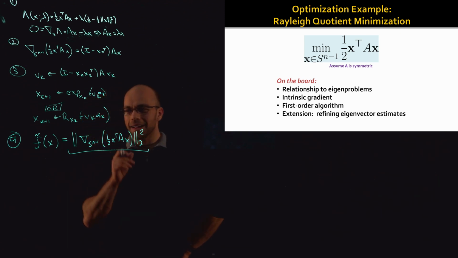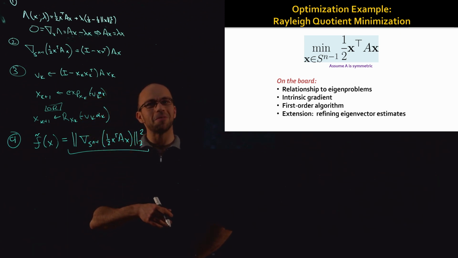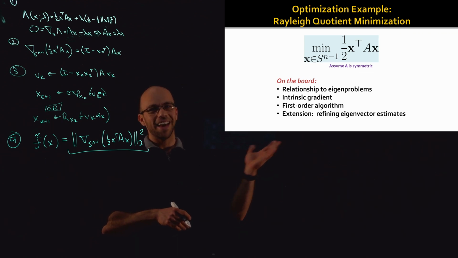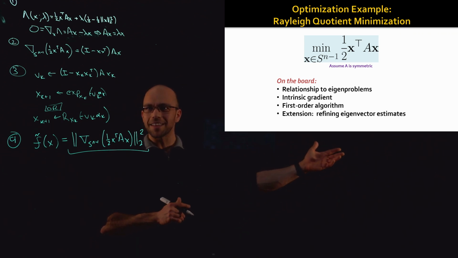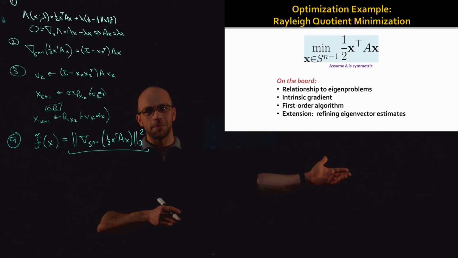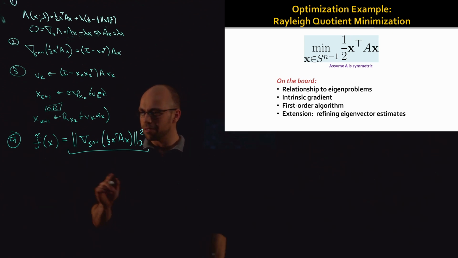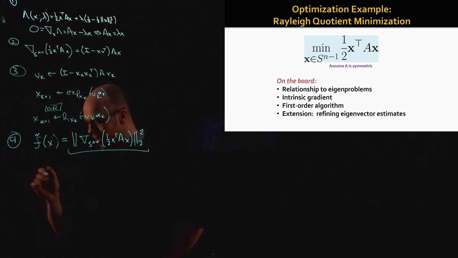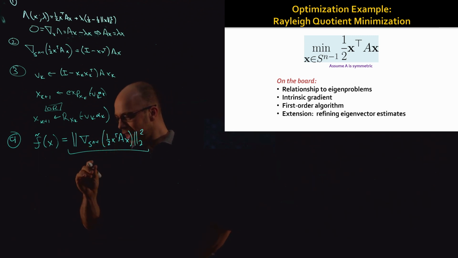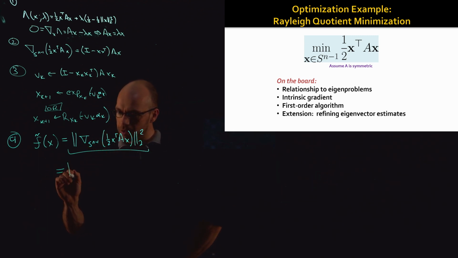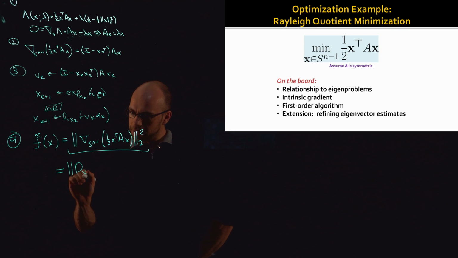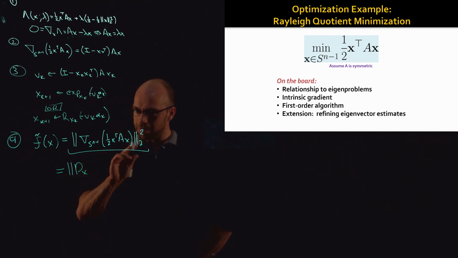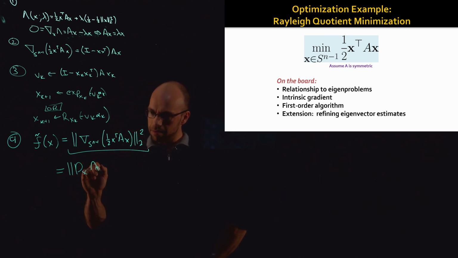Okay, I can write a manifold optimization problem for this that refines any eigenvector estimate, even if it's like the estimate of the third out of the 53 eigenvectors of a 53 by 53 matrix. So how do I do that? Well, what is this thing? It's equal to the norm of the projection onto the tangent plane at x of, in this case, just Ax again.